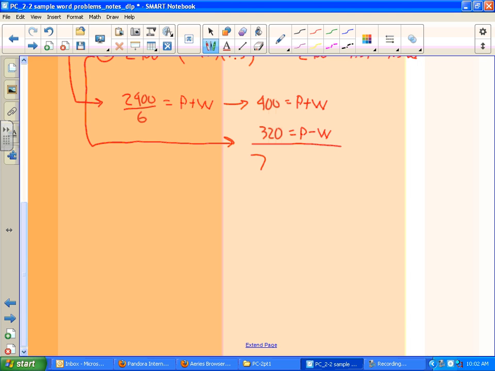So I can have 720 is equal to 2P. That means P is equal to 360 miles per hour. There's the plane speed. And then if I wanted to find W, I'm just going to use equation number 1 again. 400 would equal P plus W, so the wind speed is 40 miles per hour.